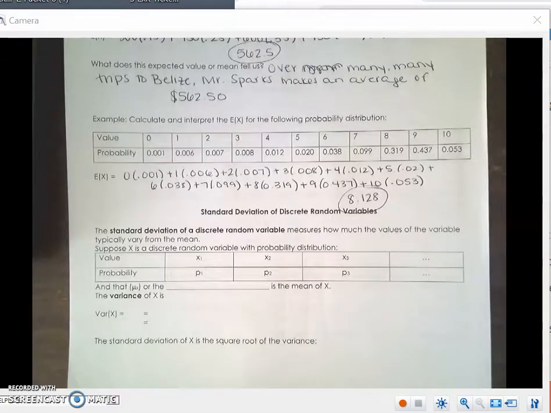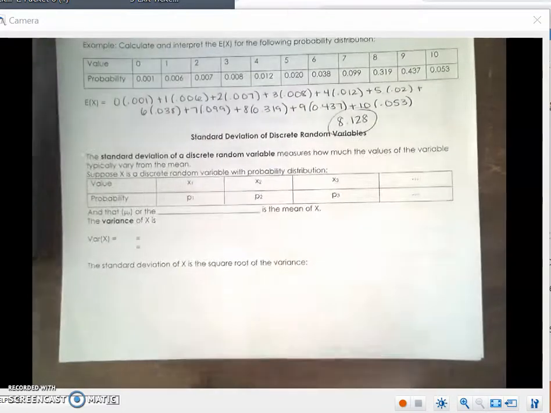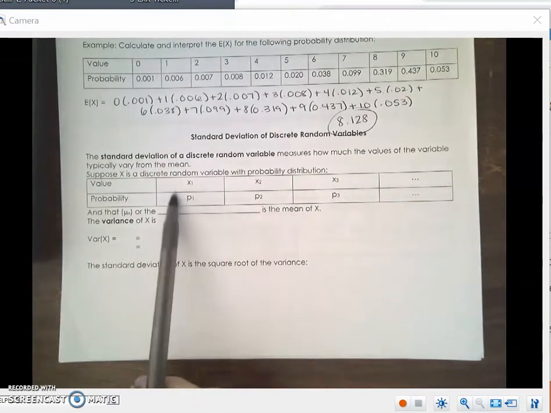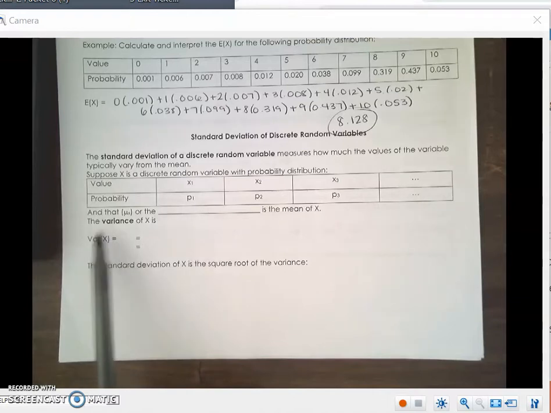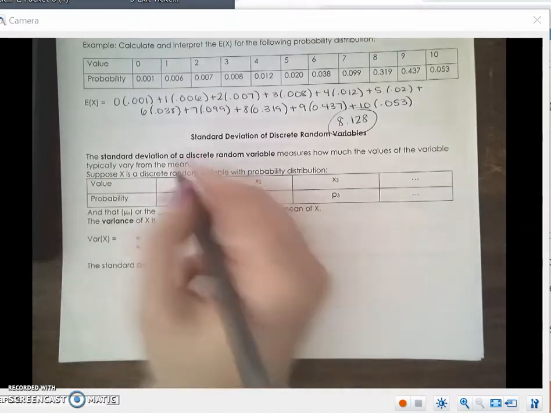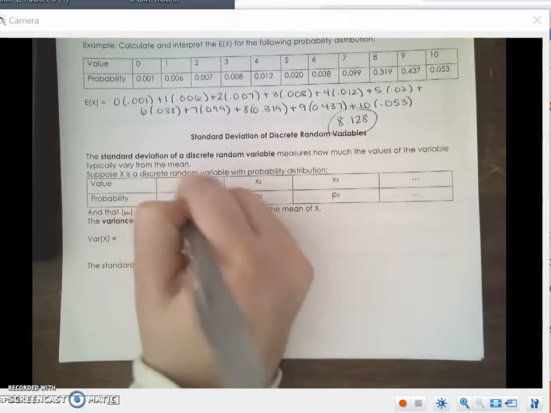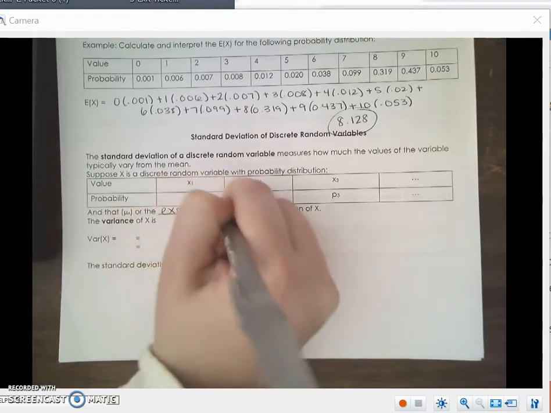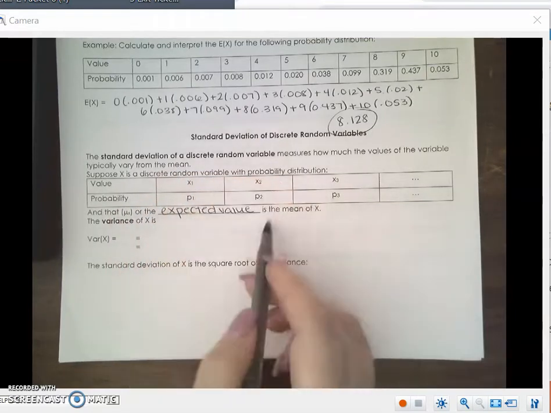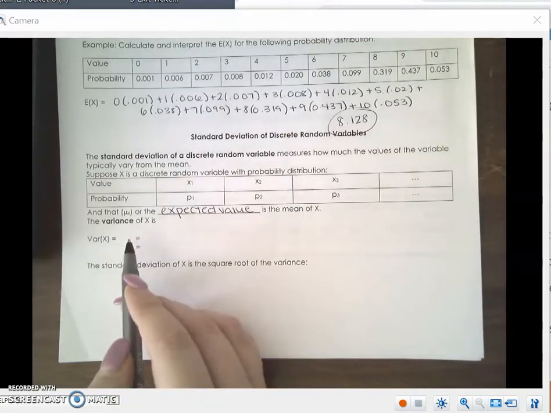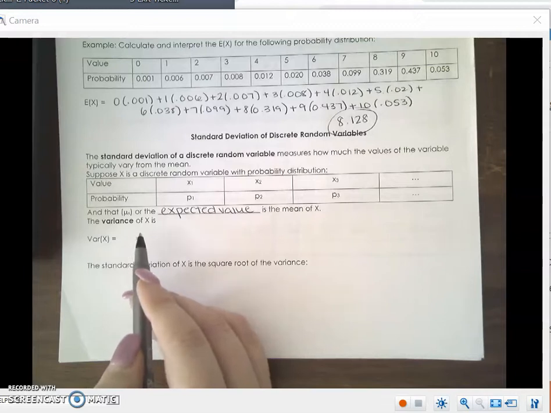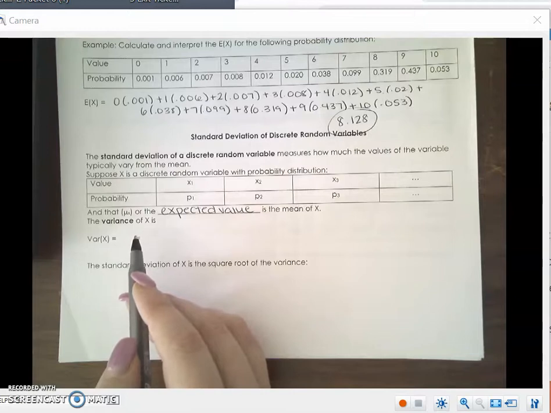Now that we've talked about calculating the mean, we can talk about calculating the standard deviation. So for the standard deviation, we can also use our probability distribution, and that mu of x, or the expected value, which is what we just talked about, is the mean of x. The variance of x is equal to, let me make sure I write this down correctly for you.